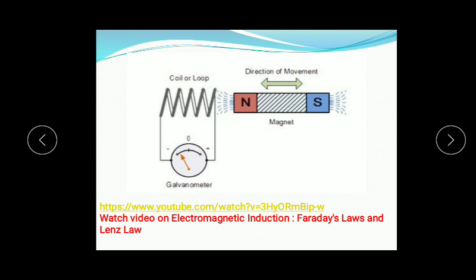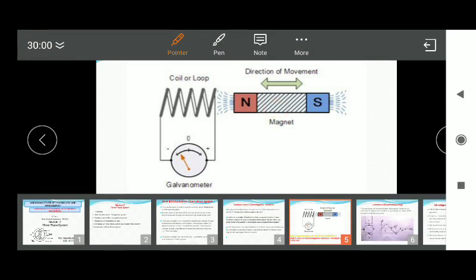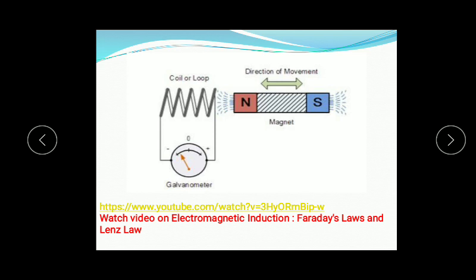So let's take a tabular column of the position of the magnet and deflection in the galvanometer. If the magnet is at rest, no deflection is observed in the galvanometer. If the magnet moves towards the coil, deflection is observed in one direction. If the magnet is held stationary at the same position after moving, the needle of the galvanometer will come back to 0 position.